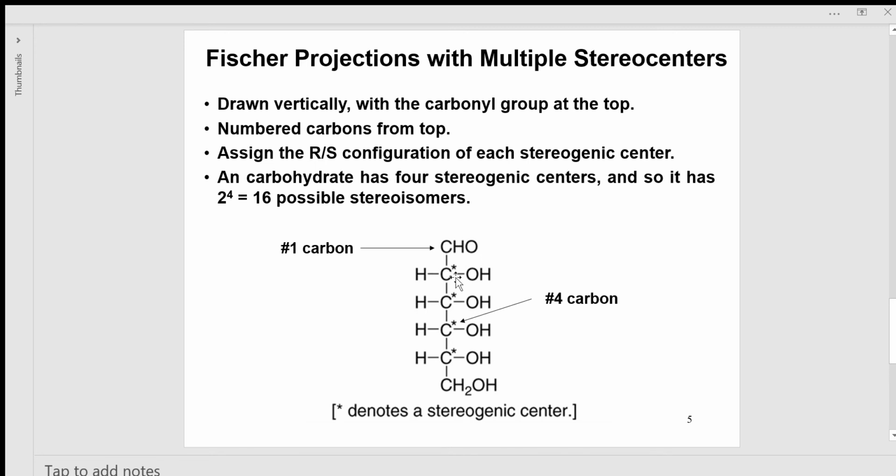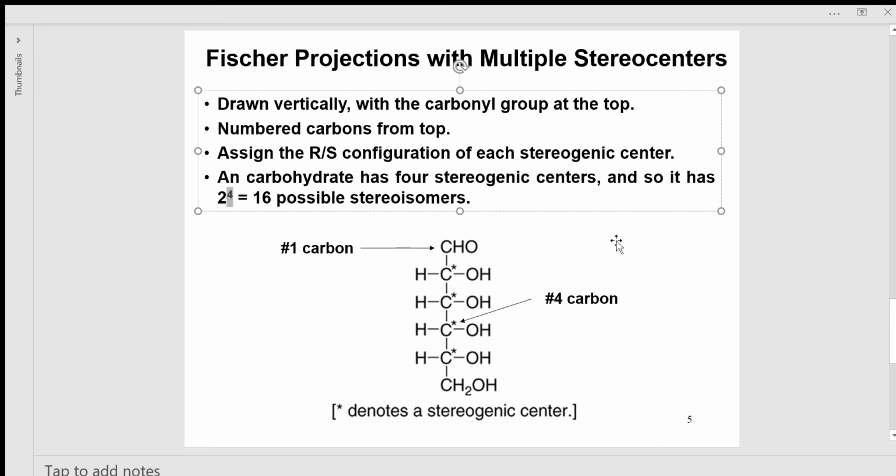Because each stereogenic center has 2 options, either R or S, if we have 4 stereogenic centers, the maximum number of stereoisomers we have is 16. 2 to the 4 is 16, because we have 2 options and 4 stereogenic centers.